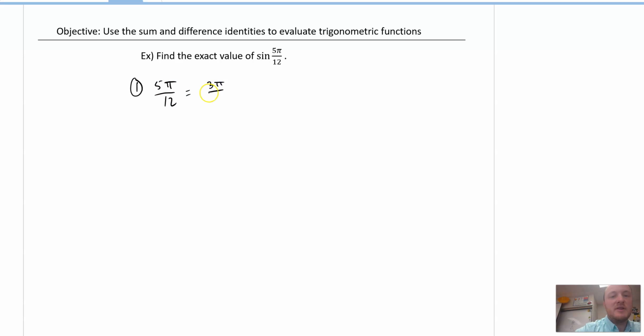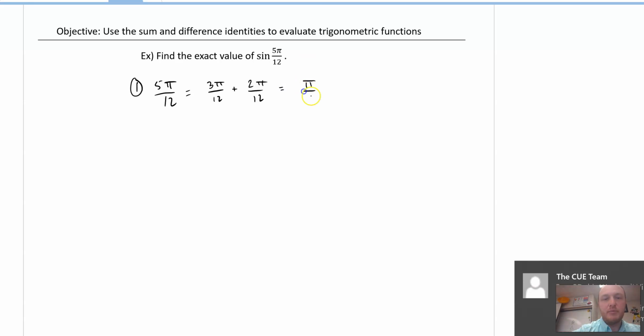And I have a feeling I can make this up with 3 pi over 12 plus 2 pi over 12. And after a while, you'll kind of start to get the hang of what fractions can make up this angle. So 3 plus 2 makes 5. And just to know the unit circle angles, I can reduce. So 3 pi over 12 would give me pi fourths plus pi 6.